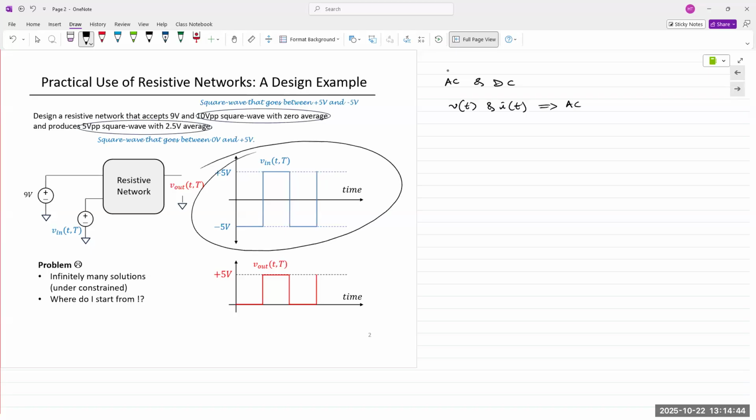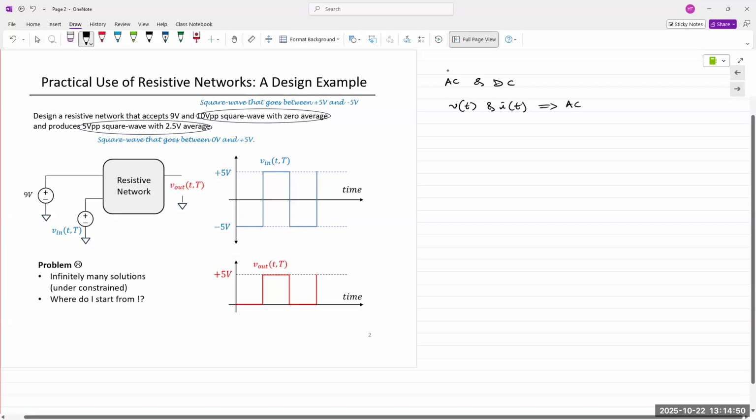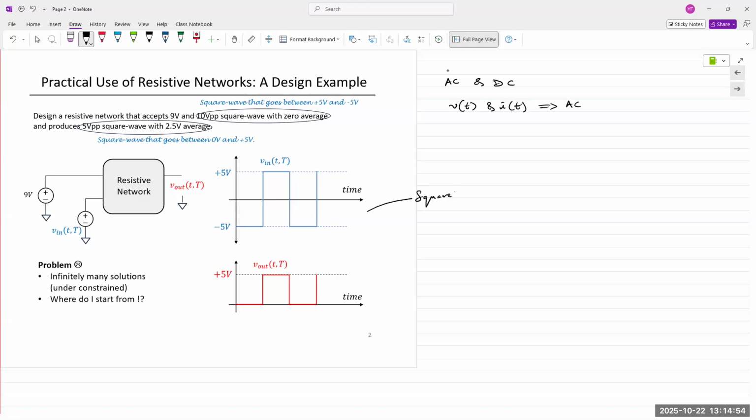So here we have an AC waveform. This AC waveform is a square wave, which falls under the umbrella of a rectangular waveform. By the way, waveform and signal are used synonymously.